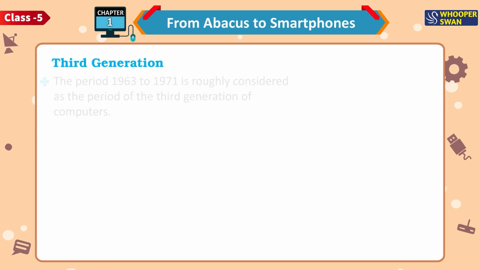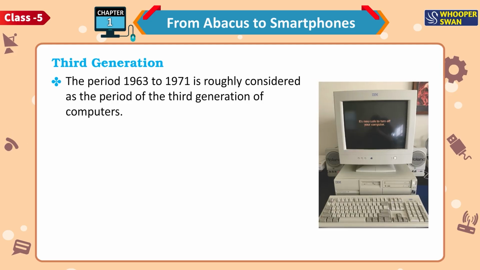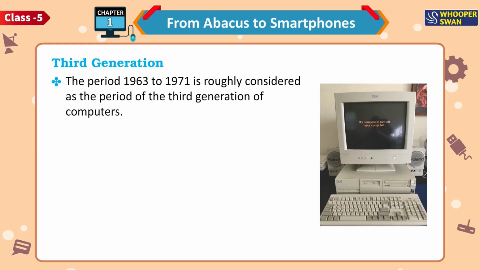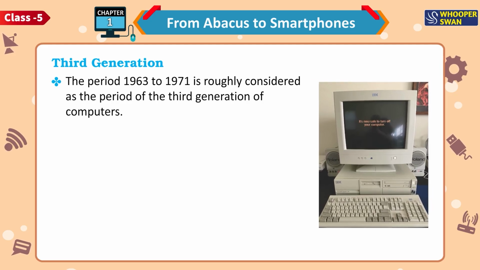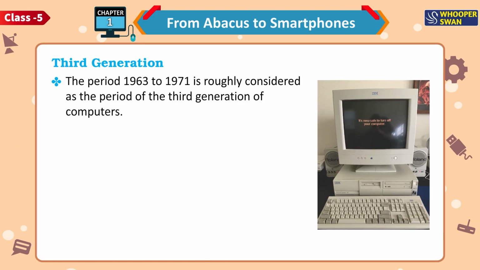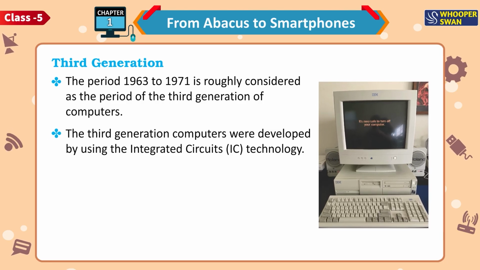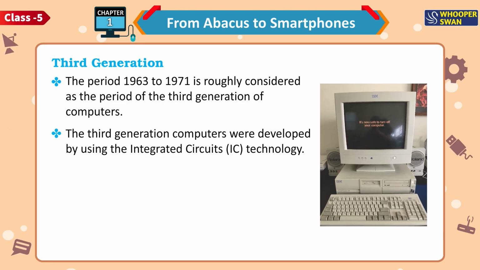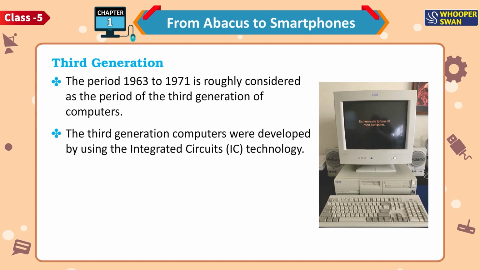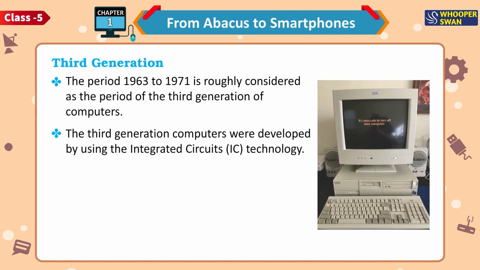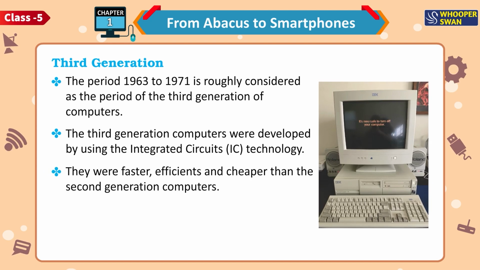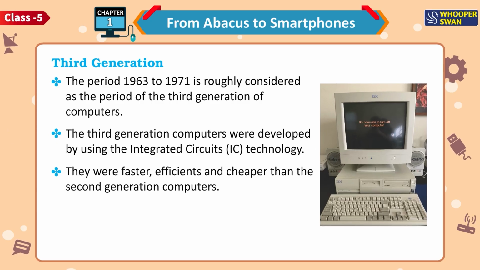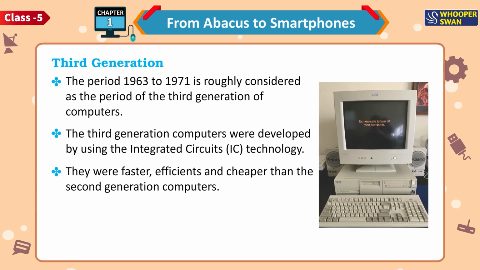Third generation. The period 1963 to 1971 is roughly considered as the period of the third generation of computers. The third generation computers were developed by using the integrated circuits (IC) technology. They were faster, efficient and cheaper than the second generation computers.